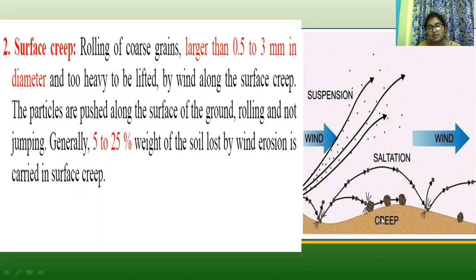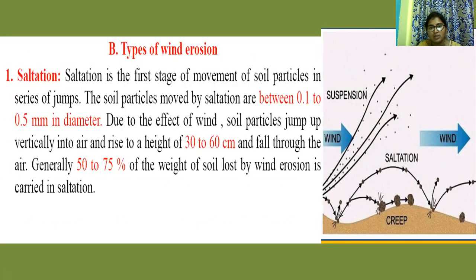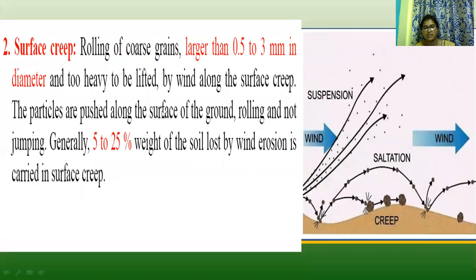Saltation particles are only 0.1 to 0.5 mm in diameter, so they jump vertically into the air to a height of 30 to 60 centimeters and fall through the air. But in creep, the particles are larger, so they cannot jump in the air.